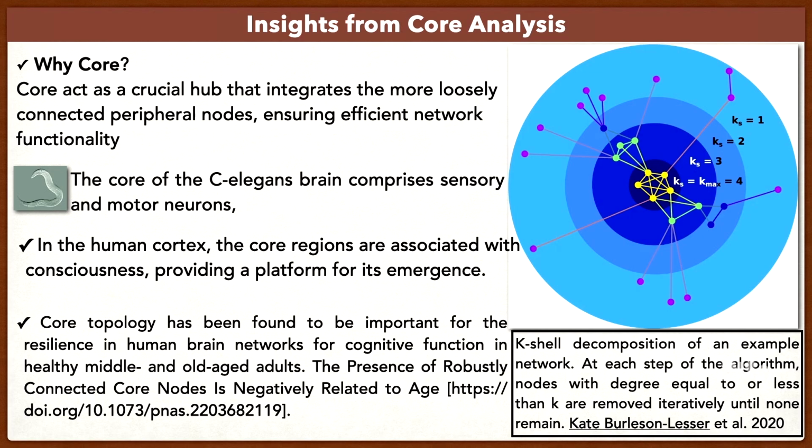And in the human cortex, the core regions are associated with consciousness, and it has also been studied that the core is important in cognition, and therefore there is an impact of age on the core. As we age, how the core changes, all these studies have been done.